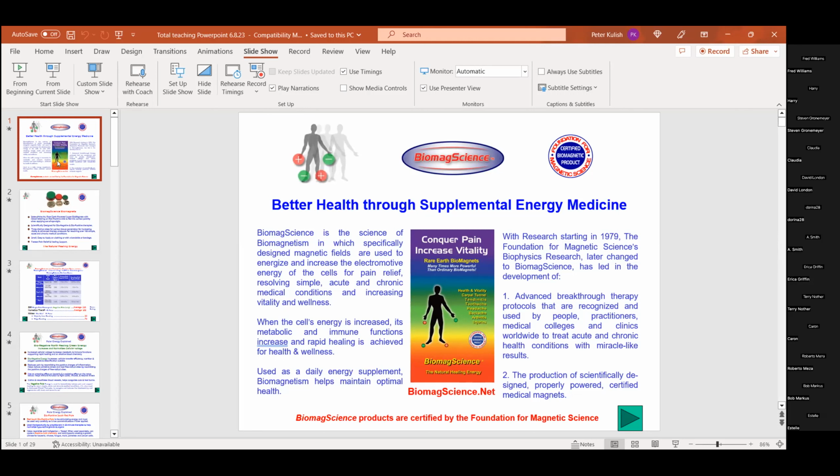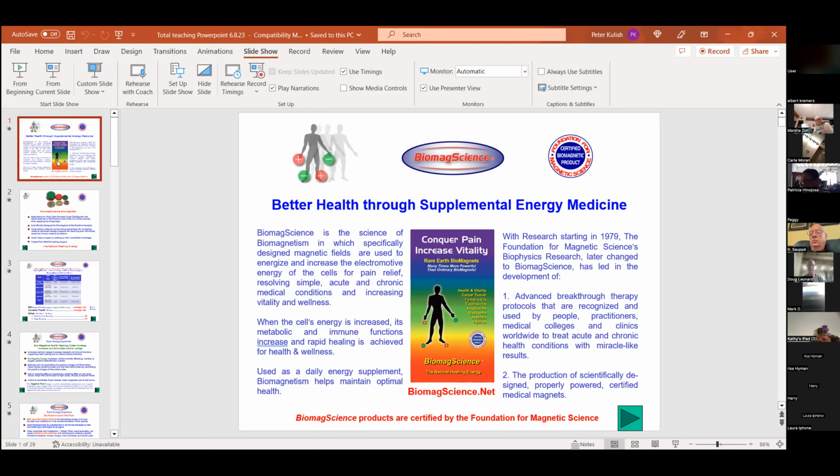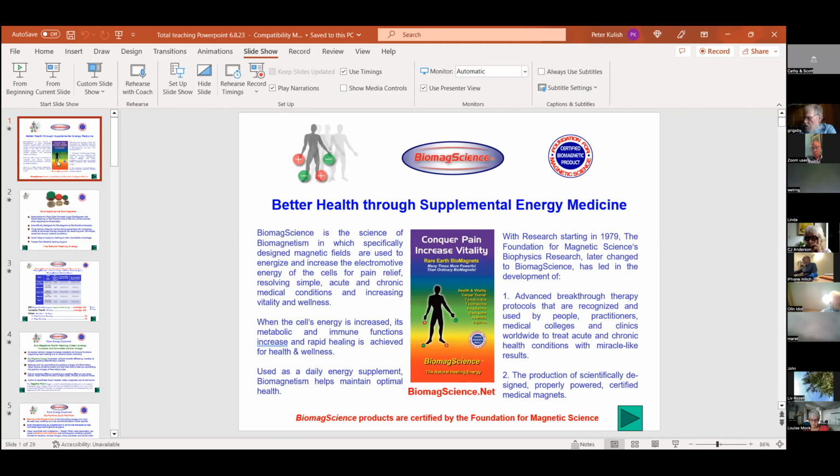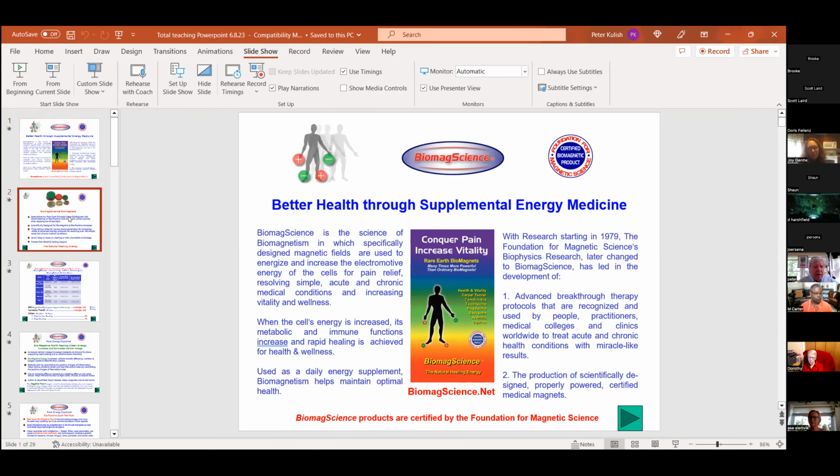I named this BiomagScience because there are a set of rules that one has to follow in the science, part of which are the meridians on the body, which have to be addressed properly.